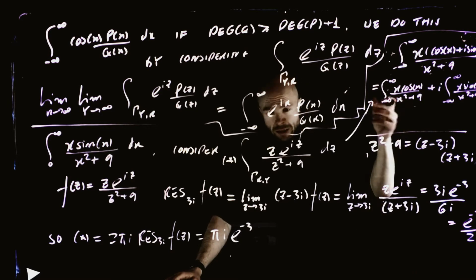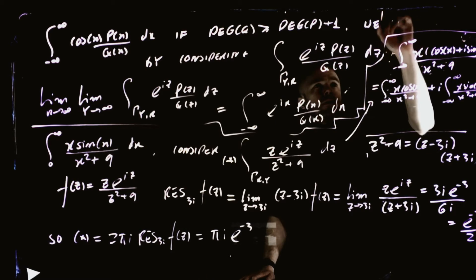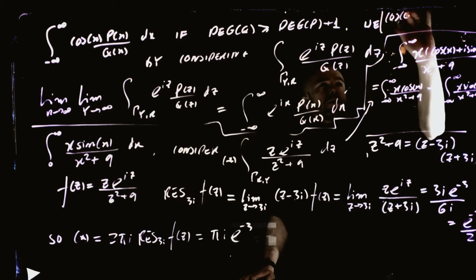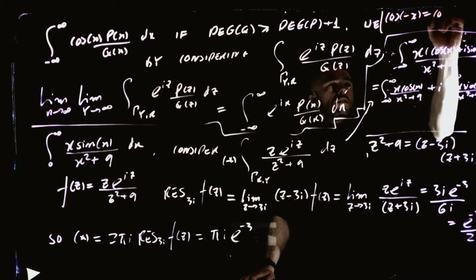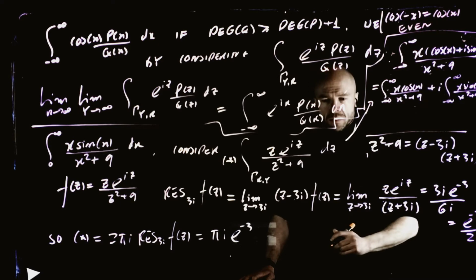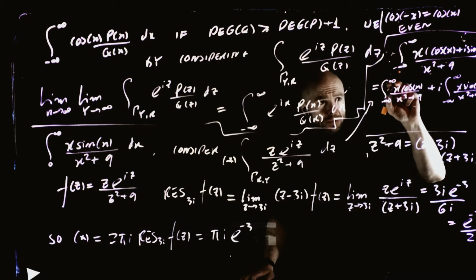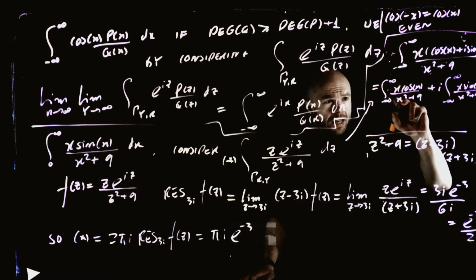Do we believe the real part of this is 0? Yeah, it's what we call an even function. Cosine is even, which means cosine of minus x is the same as cosine of x. And this entire thing, which isn't cosine, x over x squared plus 9, is an odd function.